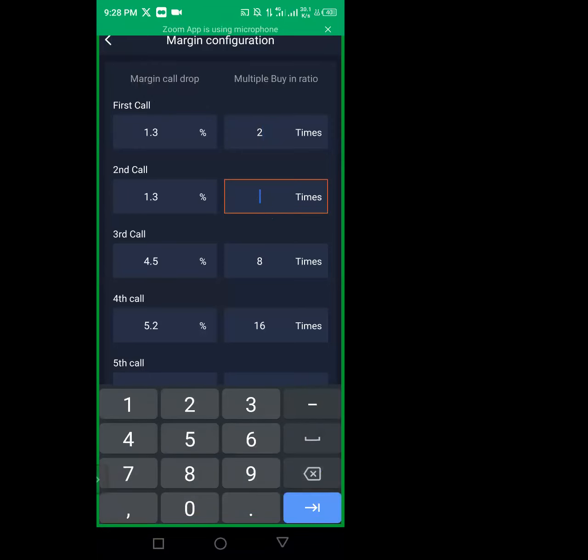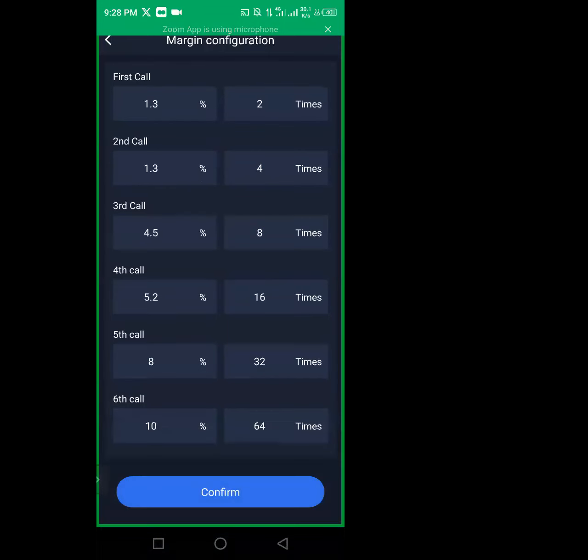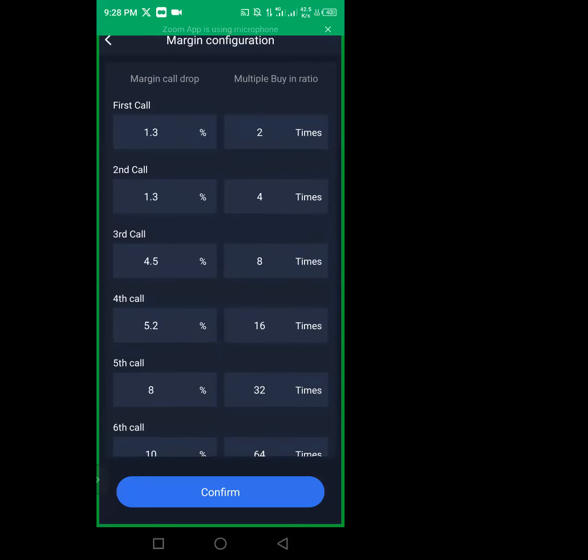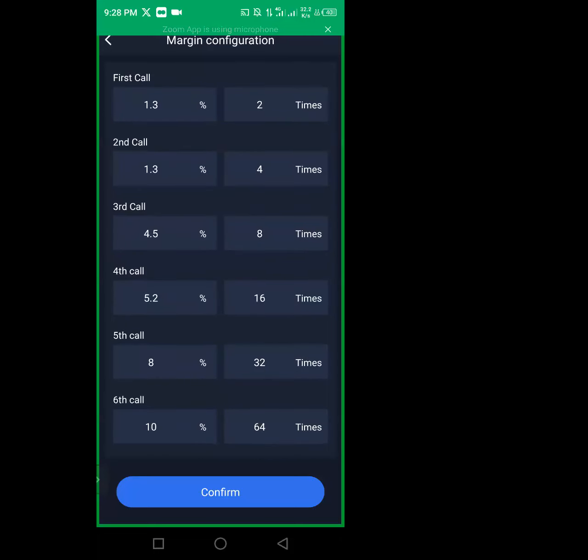This place will be 4. This place will be 8. You can see 2, 4, 8, 16, 32, 64. So before you can use this default, you must have almost, I think, 700 or 800 with your first buy. Your first buy must be like $11 for you to use the default martingale strategy of Royalq settings.